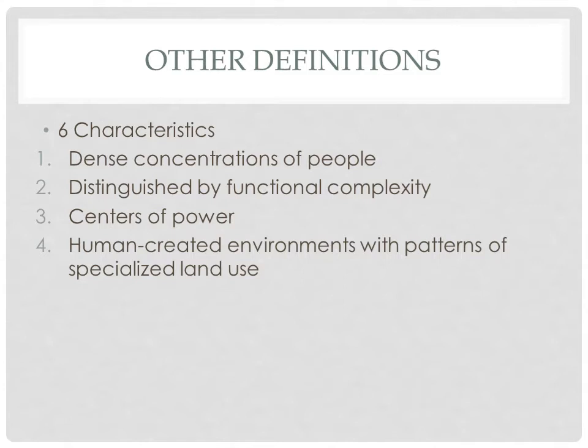They're also human-created environments, and they have patterns of very specialized land use. That's going to be very, very important in this unit because one, human created is a big part of the cultural landscape, and that a lot of cityscapes, a city landscape, are very identifiable by the buildings that they have and the skylines that we see.